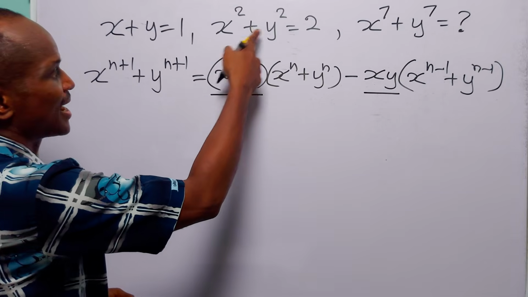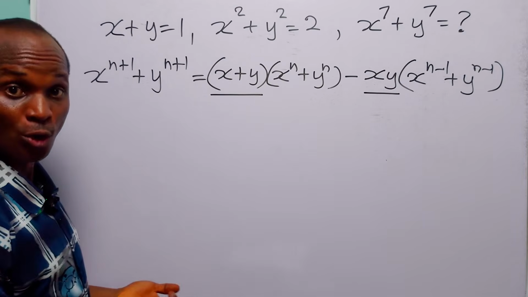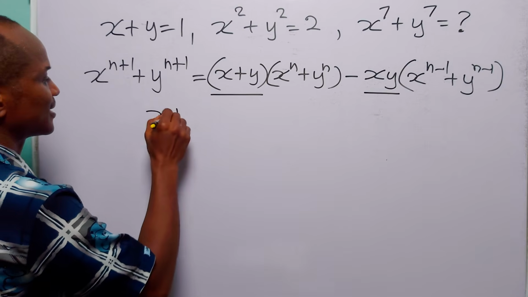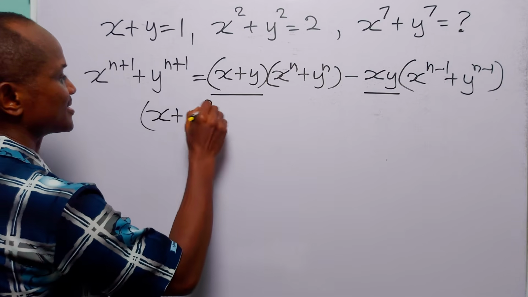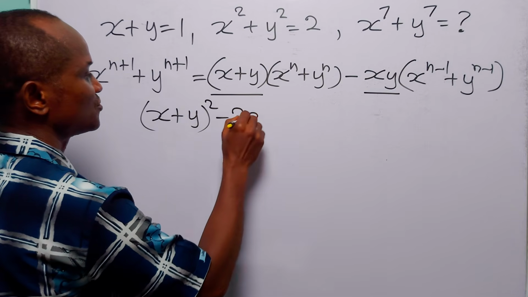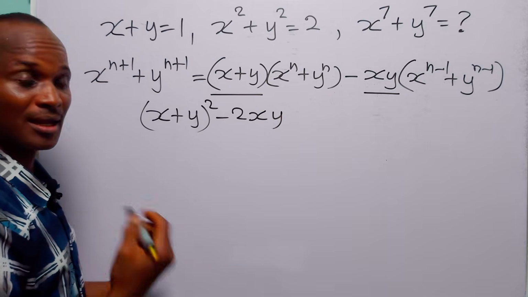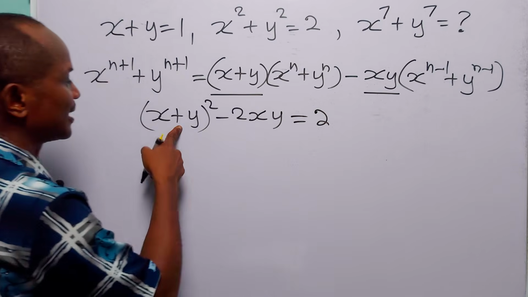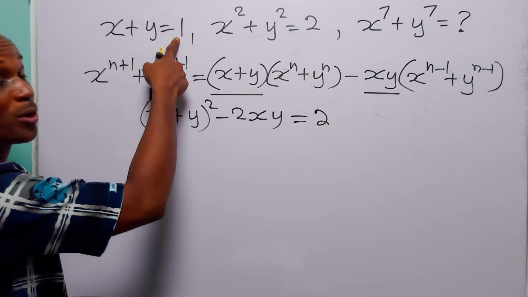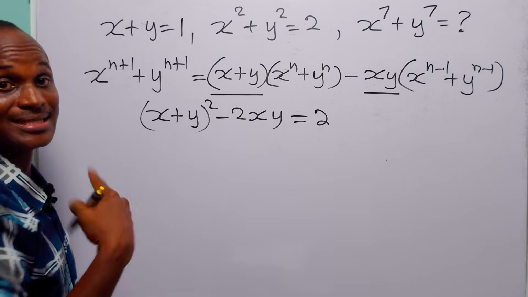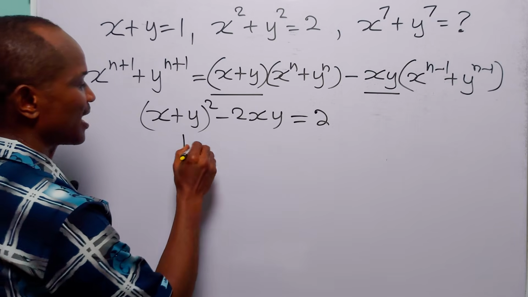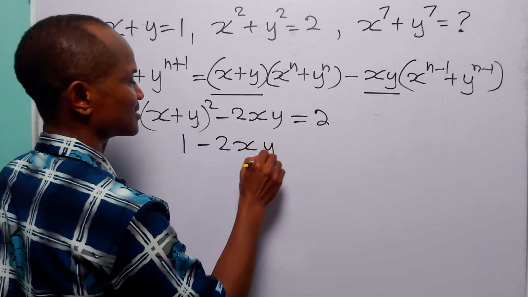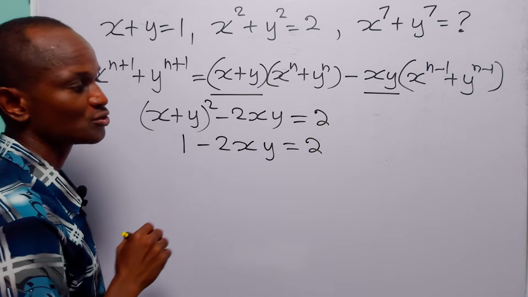Remember that x² plus y² can also be written as x plus y squared minus 2xy. And we know that this is equal to 2. Now, x plus y is equal to 1, and 1 squared is 1. So here we have 1 minus 2xy is equal to 2.